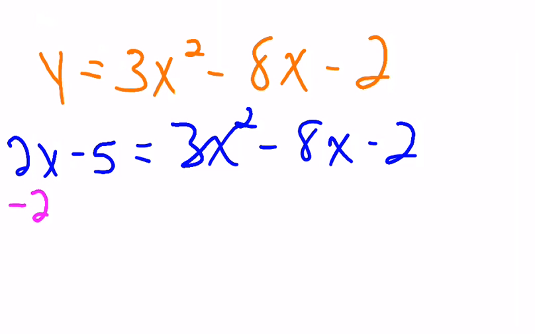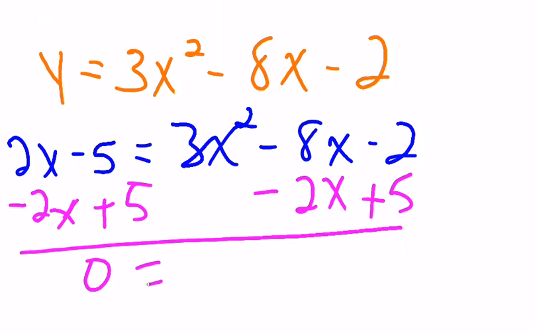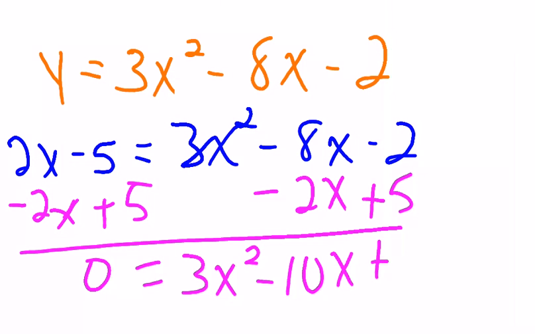So we need to subtract 2x from both sides, and we'll need to add 5 to both sides. So we get 0 on one side, we get 3x squared, -8 minus 2 is -10x, -2 plus 5 is a +3.